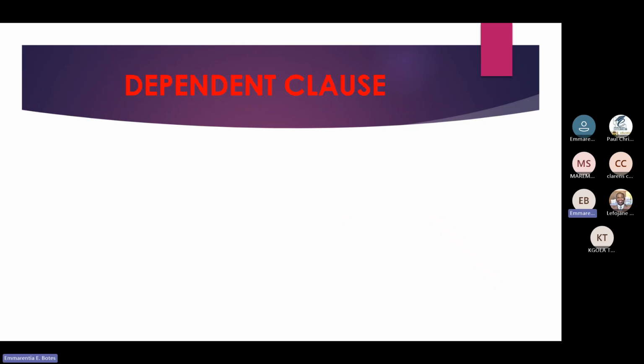Now we're going to look at the dependent clause. We can look at it as maybe like a child that does not earn their own money yet. In other words, they are still dependent on the grown-ups to give them their food and so on. So a dependent clause depends on the main clause. It cannot function on its own.